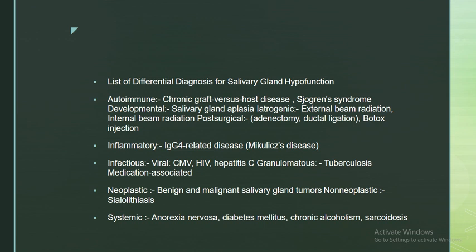Post-surgical adenectomy or ductal ligation, Botox injection. May be an inflammatory cause, IgG4-related disease, infections, viral, cytomegalovirus, HIV, hepatitis C, or granulomatous disease like TB, may be medication associated or neoplastic, benign and malignant salivary gland tumors.